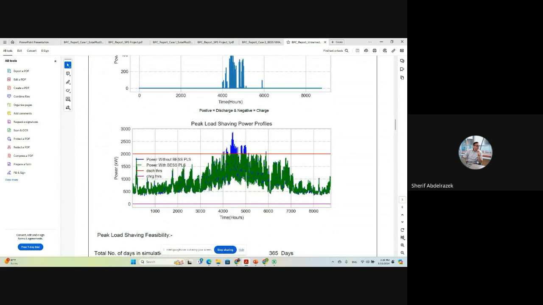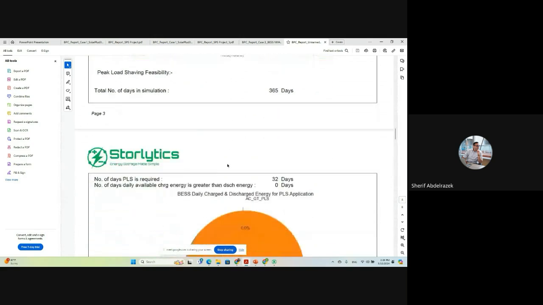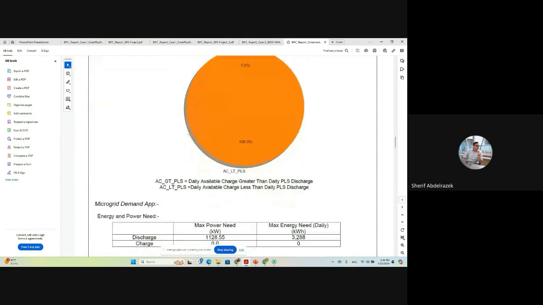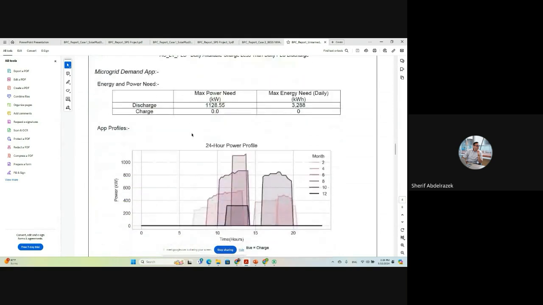So this shows the load without a battery, with the battery in green, and the discharge threshold we set for peak load shaving. Right. We'll ignore this chart for now because we're not charging under the peak load shaving gap. We're using the energy equalization feature. All right, so let's shift to microgrid demand.